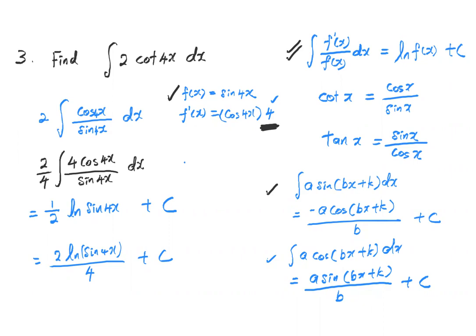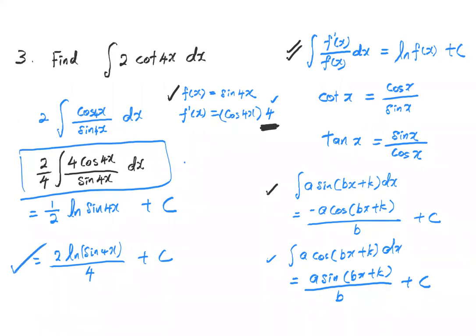What do you mean? How come got 4 cos 4x? Because when I differentiate f(x), that is my sin 4x, I got a 4 there. So I have to create 1 there. If you find that this part is difficult for you, you just straight away do this part.